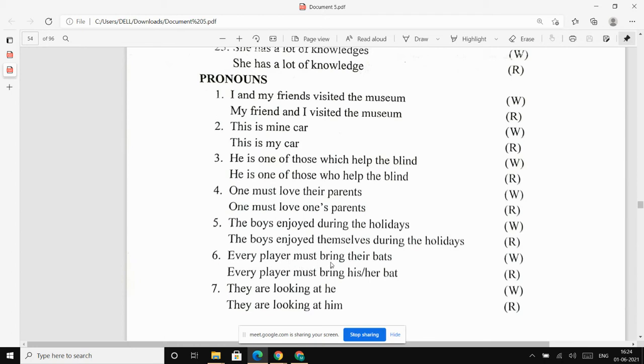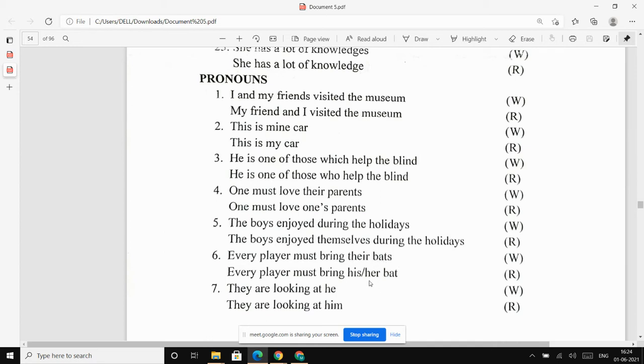Every player must bring their bats. So every player is a singular one. So for that we get the singular pronoun. So every player must bring his or her bat. Okay, their bats, because there is plural, that's why it receives the plural noun bats.